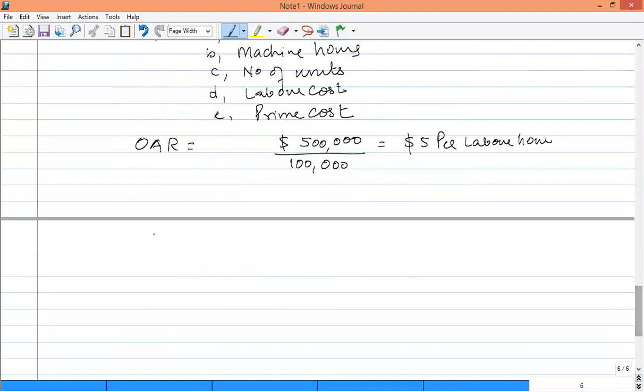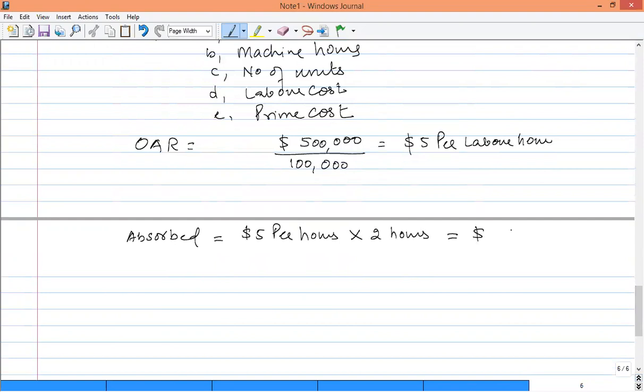Now after that, in order to apply how much overhead is to be absorbed into the product cost, we need to identify how many hours 1 unit of product is using, assuming 2 hours.